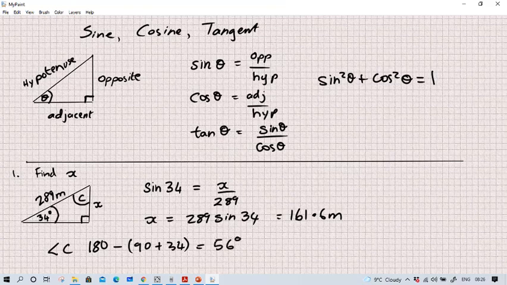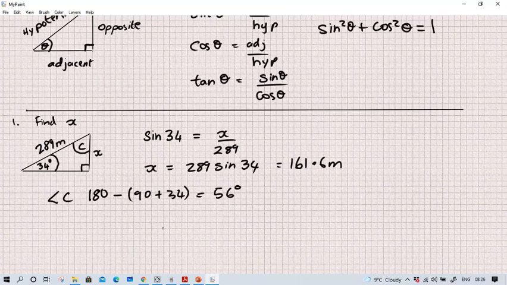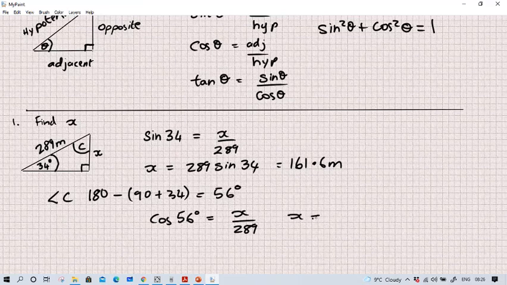So I could equally have found my unknown x by saying cosine of 56 degrees equals the adjacent, which is now x, because that's beside the angle C, over the hypotenuse, 289, and so x would be equal to 289 times cosine 56. That's just to verify that there are 2 ways to approach this problem.